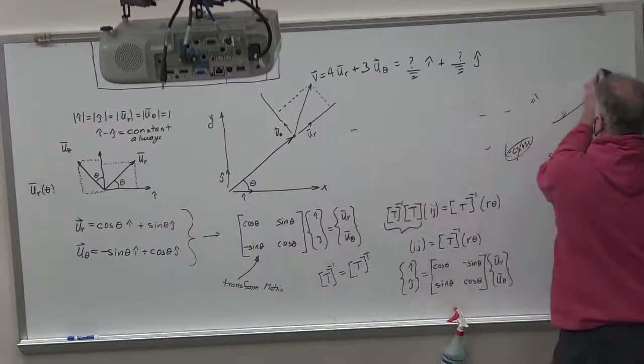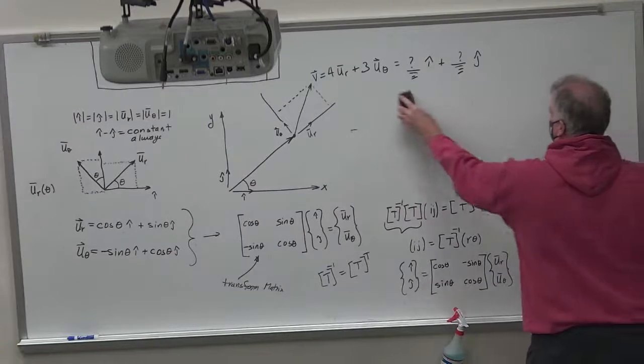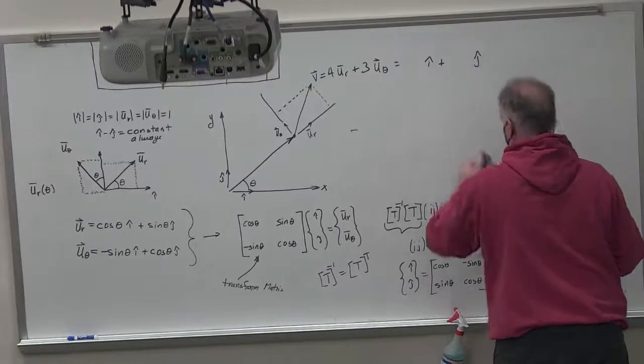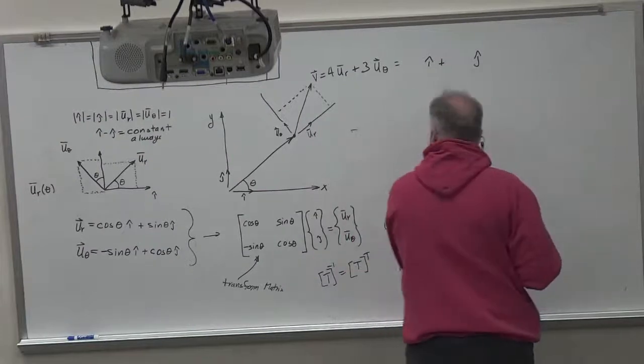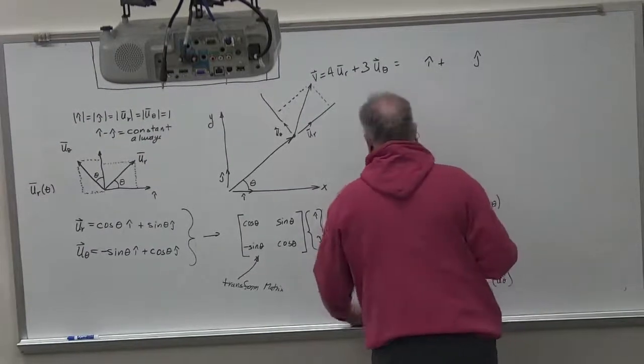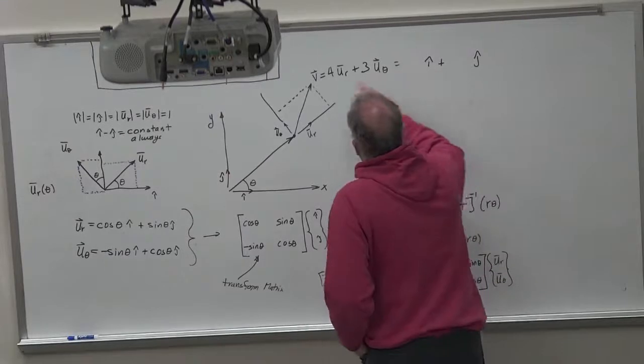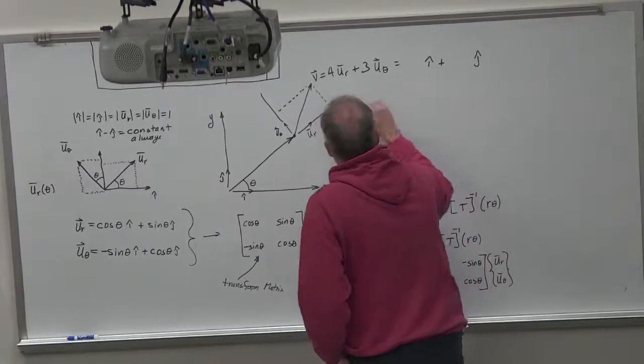So now, how do you turn this into this? Well, there are 2 ways to do it. One is to go over here and actually look at the UR and pull it in.